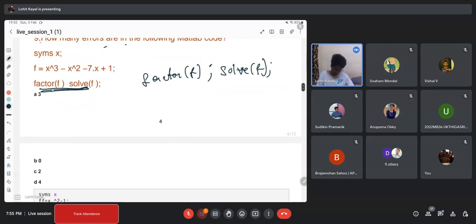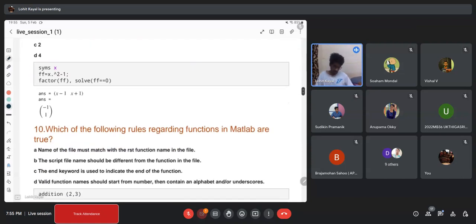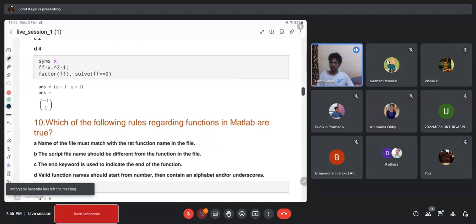Now the interesting thing is these two: factor f and solve f. Here I have given an example. Again I have mentioned a symbolic variable, which is x. Now my function, you can give it any name, no problem, is x dot square. You can always write x square, but it is good practice to put a dot because mostly you will deal with vectors, not a single variable. f equal to x dot square minus 1.